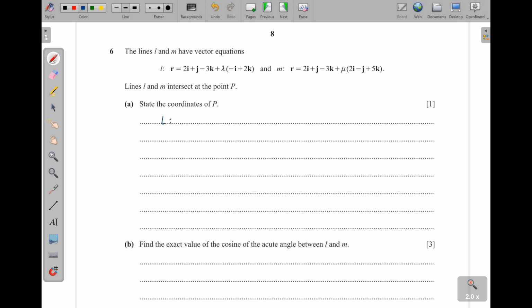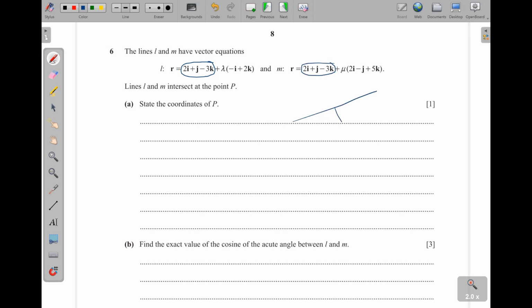So for L, we can see its r1, which is equivalent to 2i plus j minus 3k. In fact, not to waste time, it's just a matter of seeing here. This point here, they all pass through this point. This one is the same as this one here.